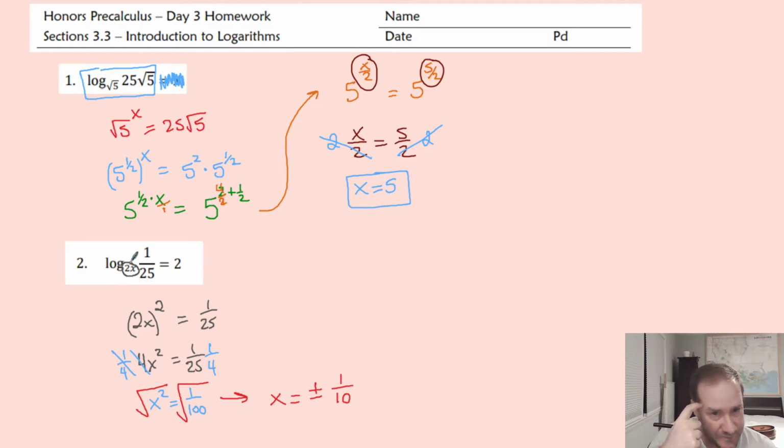You can't have a log with a negative base. So throw that out. I would want to see you saying, hey, I'm taking the square root, I'm getting two answers algebraically, but the only actual solution, I guess we'd switch to solution set at this point, is the positive 1/10 only.